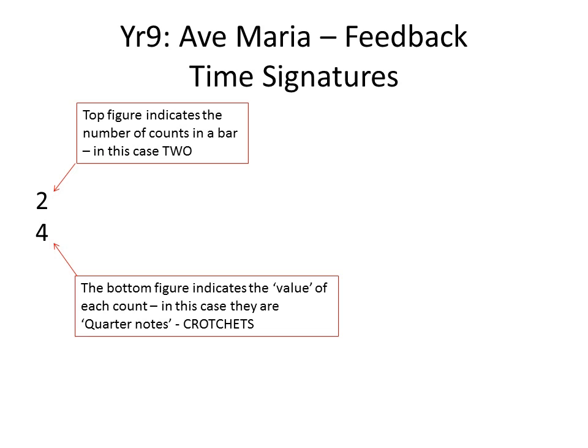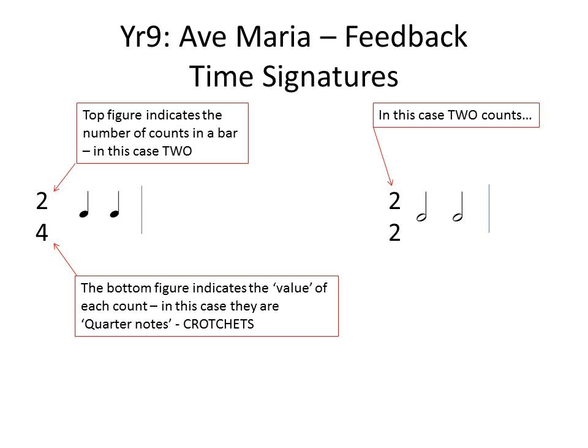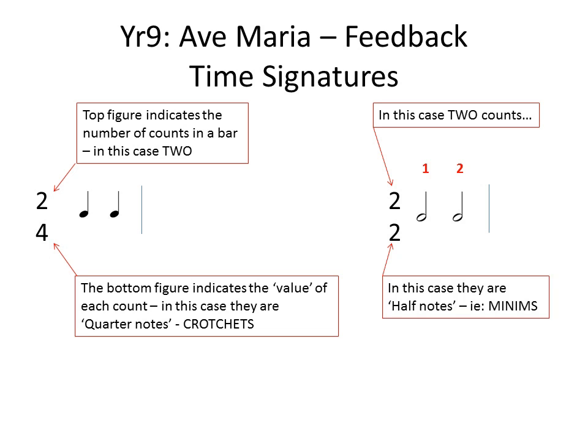So the 4 at the bottom indicates quarter notes, which we know as crotchets. So therefore, 2/4 has 2 beats in each bar, and each beat is worth a crotchet. Now, similarly, if we have 2/2, there are 2 counts in the bar, just as there were with 2/4, but because they are half notes, each count is worth a minim.